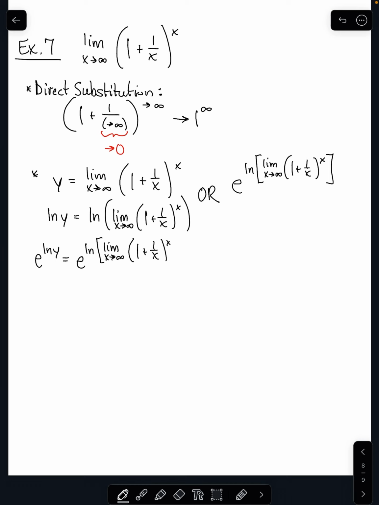The other form just gets us there a little bit more directly. So my preference is to simply go directly to this by introducing the natural logarithm of the limit and then raising e to that power. Whichever way you do it, though, eventually you arrive in the same place.